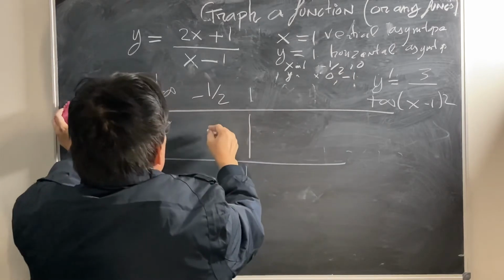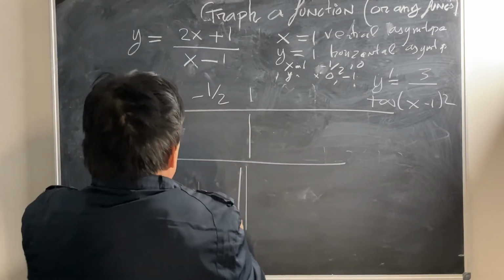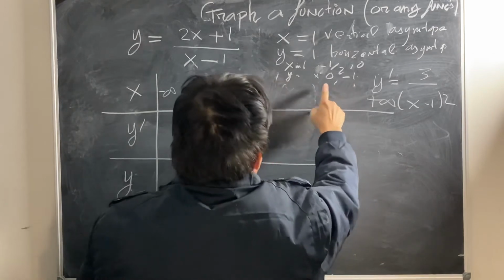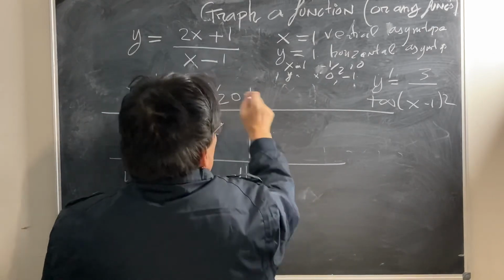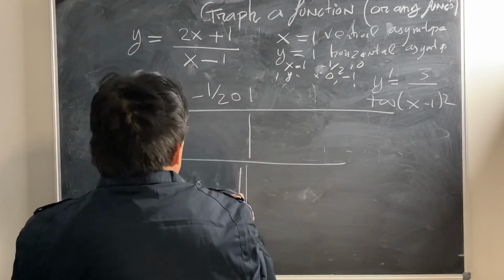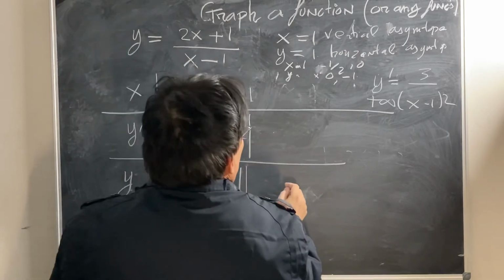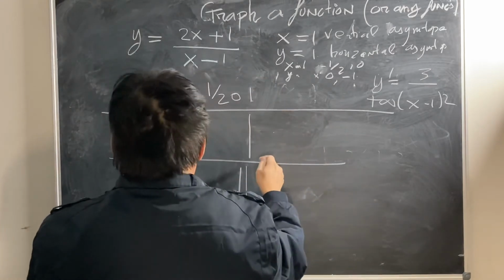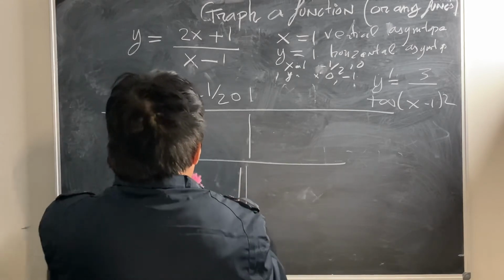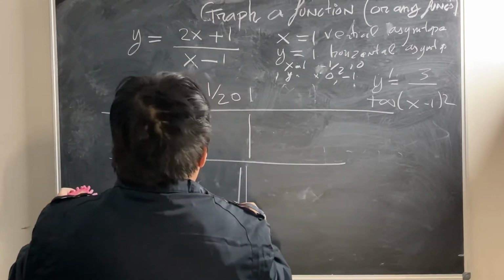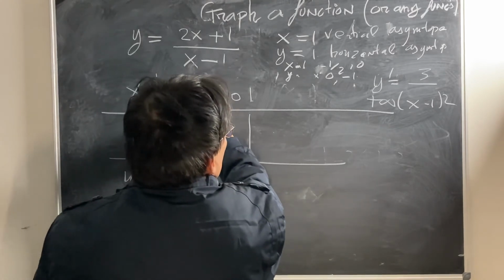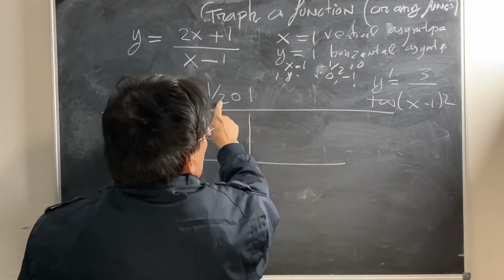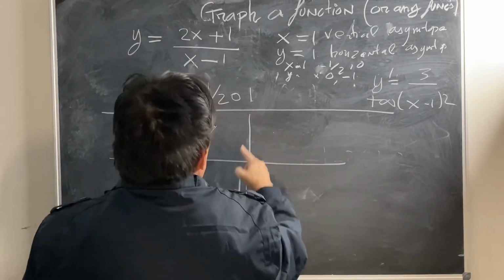So here are the values: x equals minus 1/2 with y equals 0, and x equals 0 with y equals minus 1.